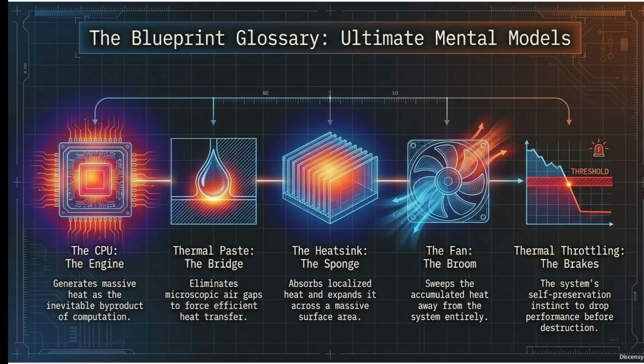And next is thermal throttling. Thermal throttling is a situation which occurs when the temperature reaches a threshold and the system starts to run the fans to their limits to reduce the temperature.